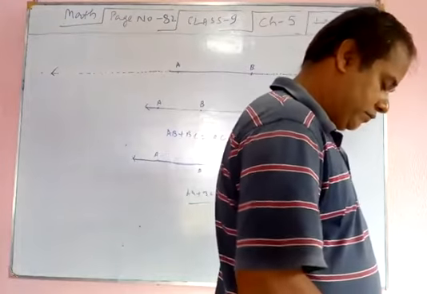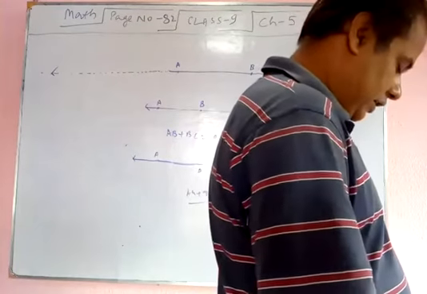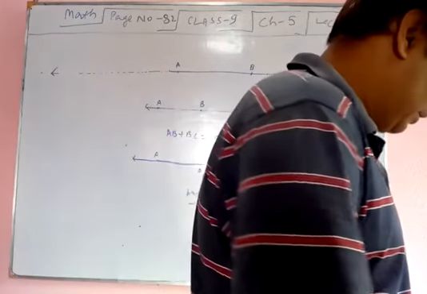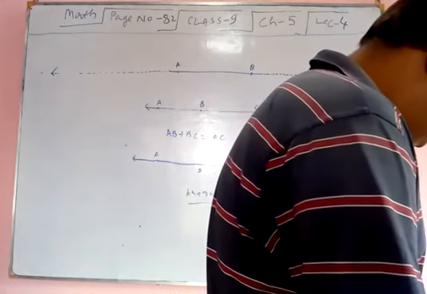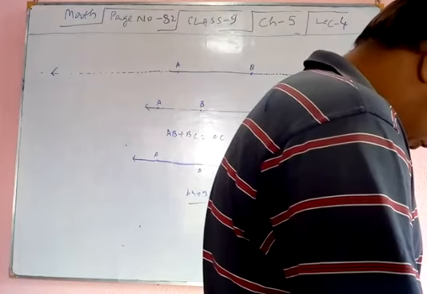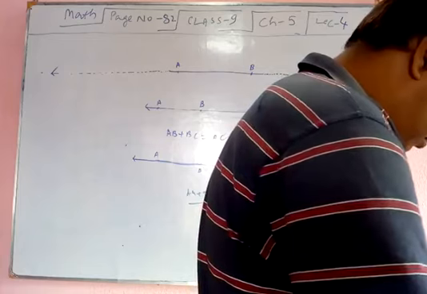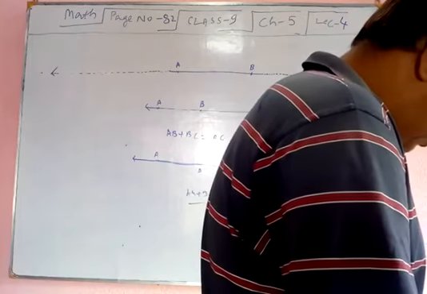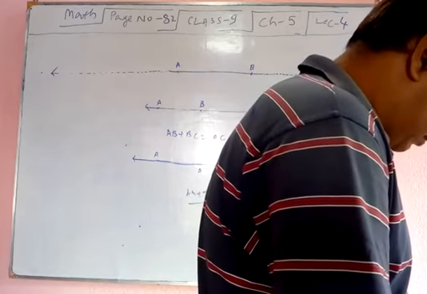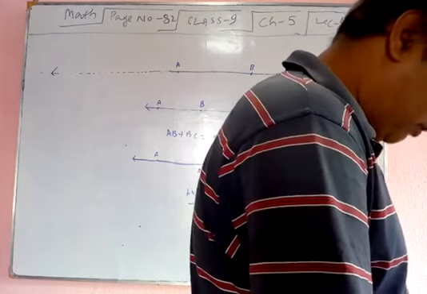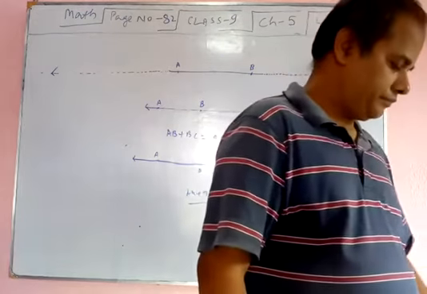Example number 2. We have used the axiom number 4 to prove this, and the postulate: all right angles are equal to one another. Axiom number 4 says things which coincide with one another are equal to one another.